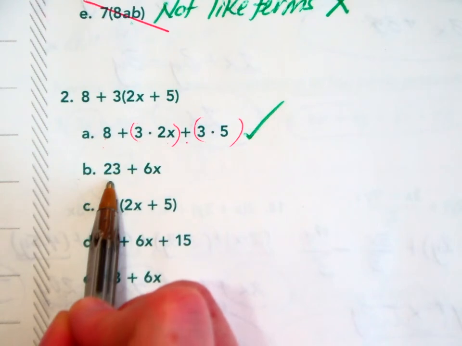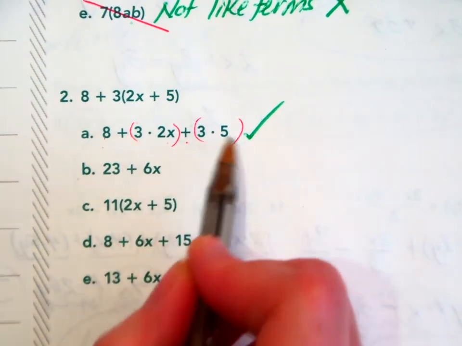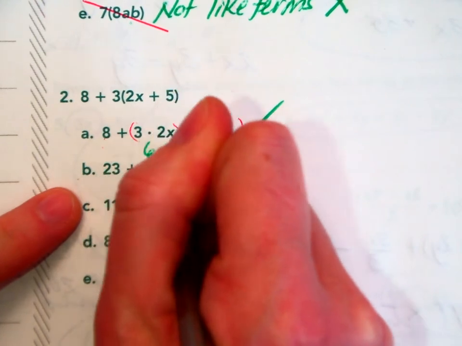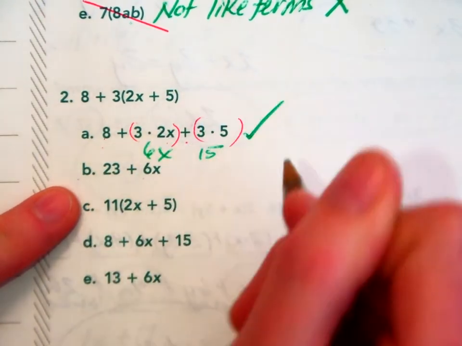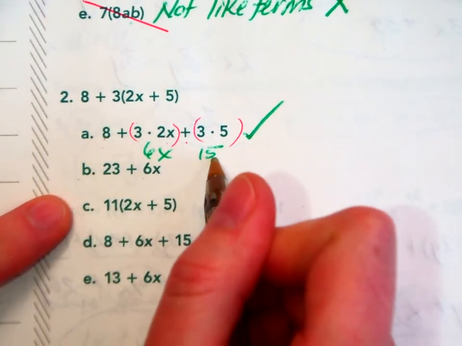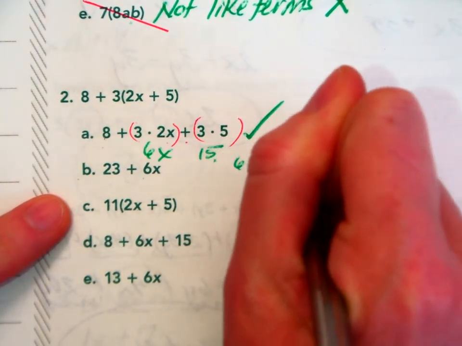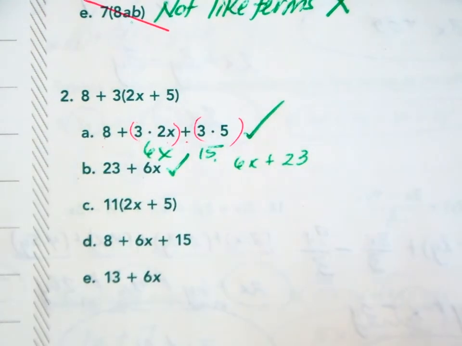Well, I definitely would have to combine some like terms here. So I'm going to take the work they did here and see if it gets me this. So this would have been 6x, and this would have been 15. 8 plus 15 would be 23. So that would be 6x plus 23, which makes this one also correct.